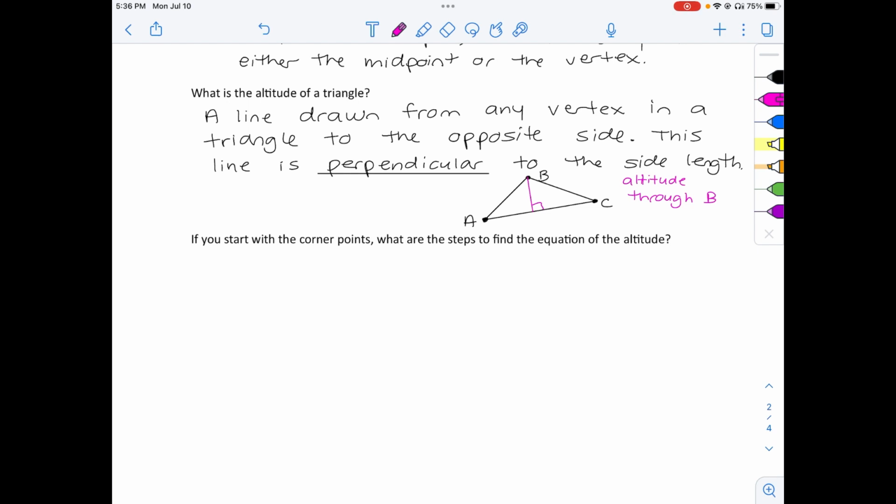In this case, it was just easier to show you like this because it's the one that looks closest to a height, whereas we might want to turn the triangle if we were finding it through one of the other points. So the first thing that we need to do if we are given the points is find or calculate the slope of the opposite line segment.